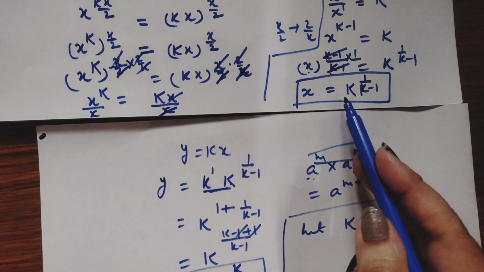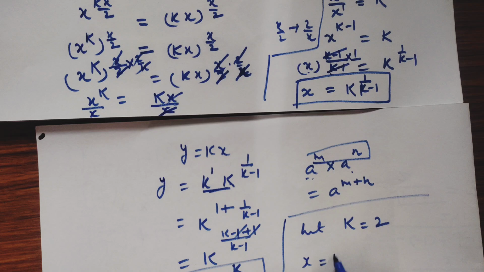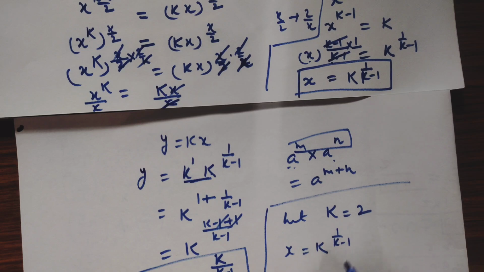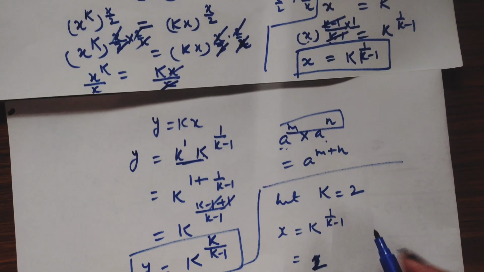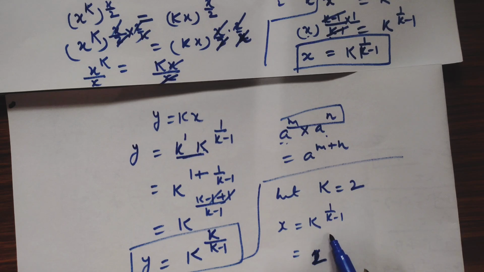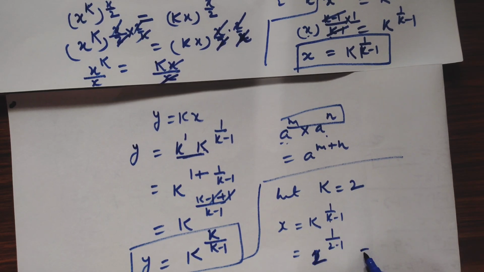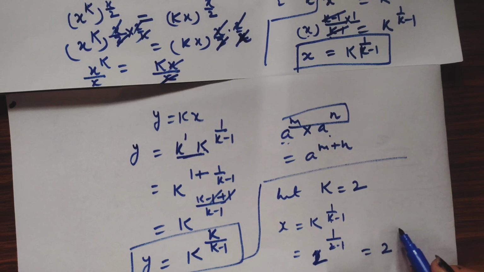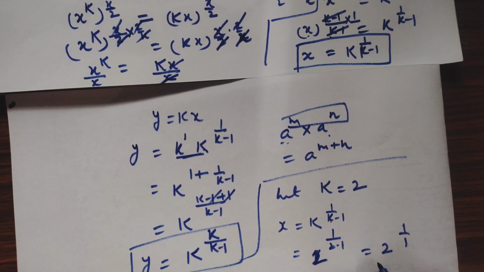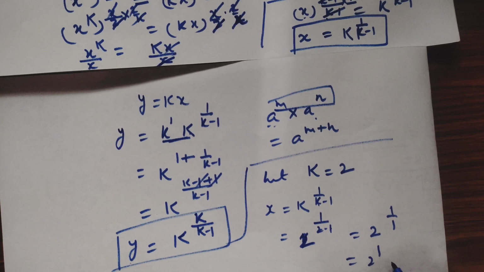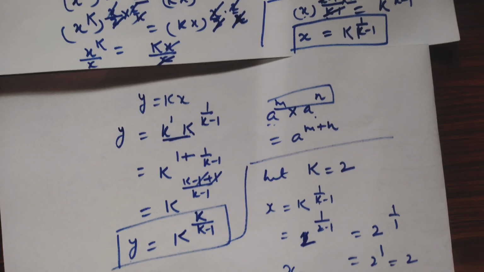The x value is k^(1/(k minus 1)), so putting k equals 2, we get 2 raised to the power 1 upon 2 minus 1. Since 2 minus 1 is 1, and 1 upon 1 is 1, this equals 2. So this is the x value.